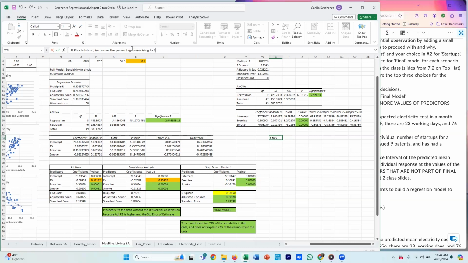Sorry, bad. 48, we want to get that up, let's say to 50%. So they want to increase, at least get half the people in the state exercising at least once a week, and bring down the percentage who smoke to 5%. So you really want to be aggressive and get people to quit smoking.